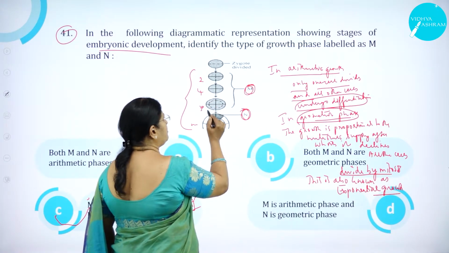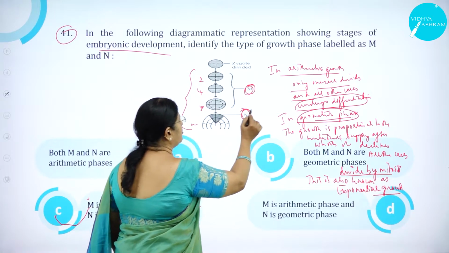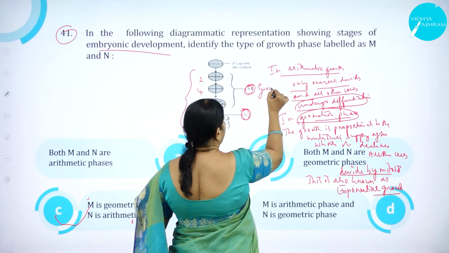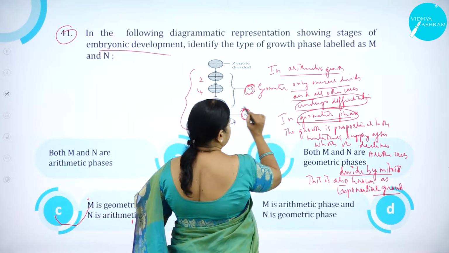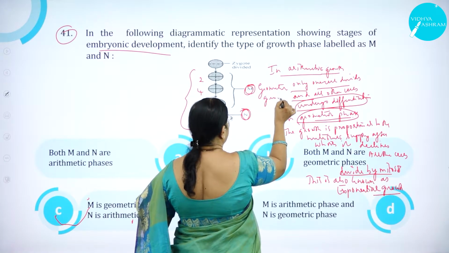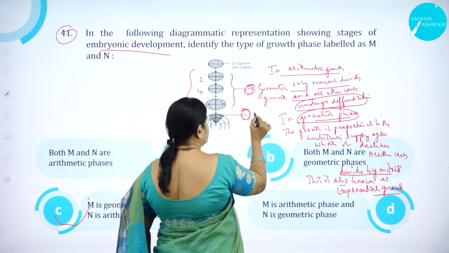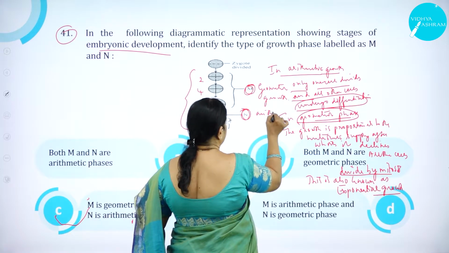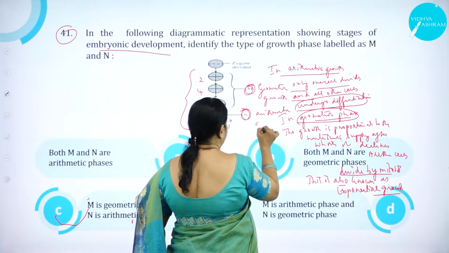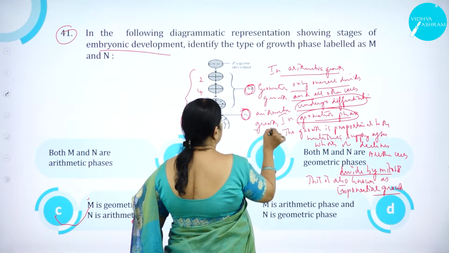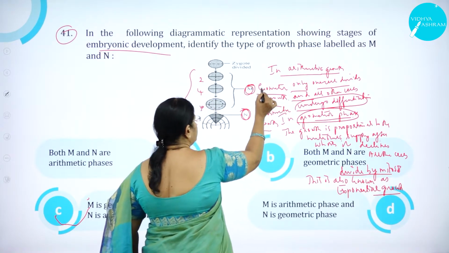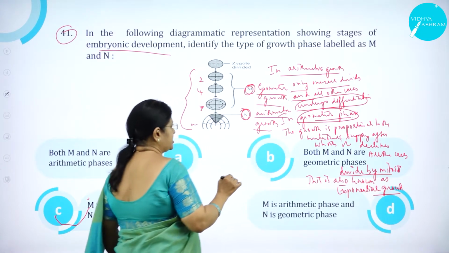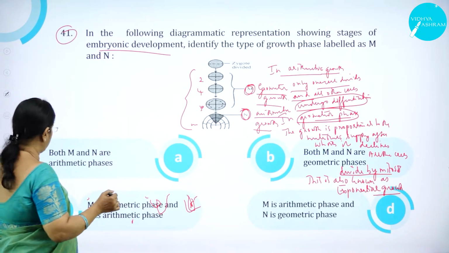So when you look at the picture, M stands for geometric growth and N stands for arithmetic growth. So M stands for geometric growth and N stands for arithmetic growth.